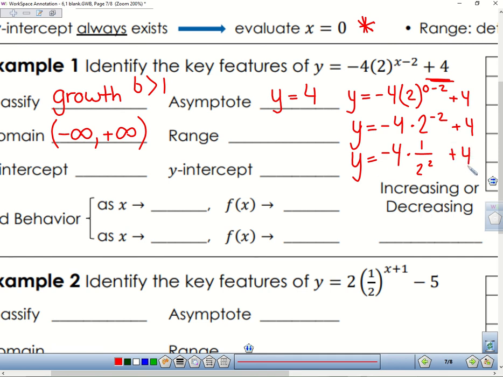But if you're really still not too good with that, you can just use the calculator. 2 to the negative 2 power is going to give you 0.25, which is what this is, 1/4, times negative 4 plus 4. I just did all that math in the calculator, and it gives me 3. So my y-intercept is (0, 3). So you can do that by just plugging in 0 for x and computing it in the calculator.